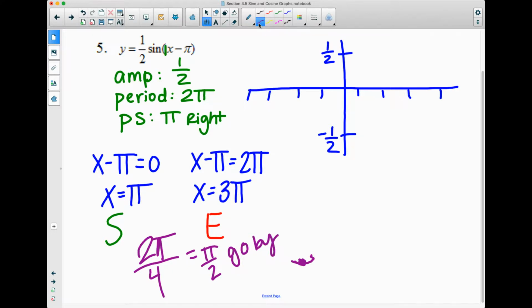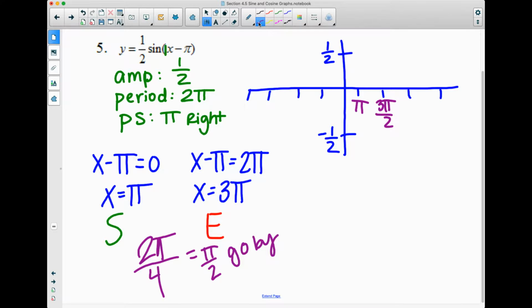Okay, so that's, like I said, we've got to do some work ahead of time that tells us how we set this up. So if we start at pi, pi plus a half is how much? 3 pi over 2.